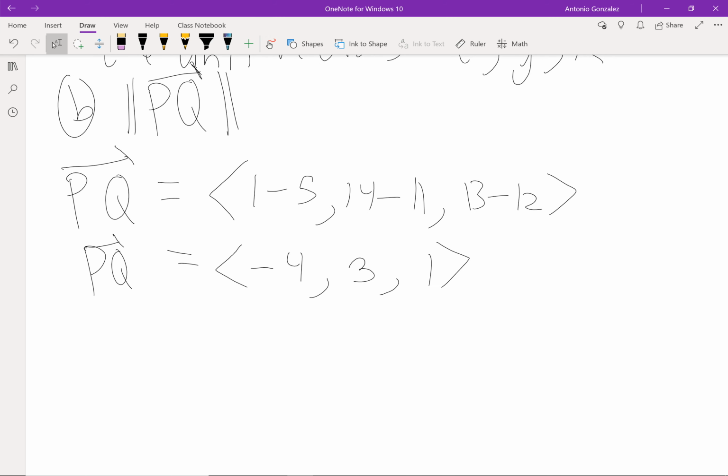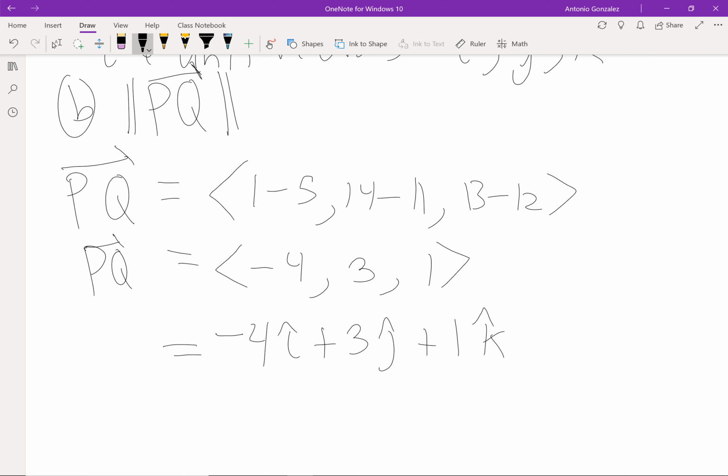All right, now writing this in terms of the unit vectors i hat, j hat, k hat, very similar to the process in R2, where we turn the x component into the coefficient of i hat, the y component into the coefficient of j hat, and then the z component into the coefficient of k hat.